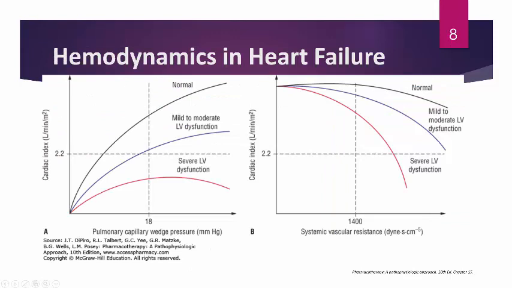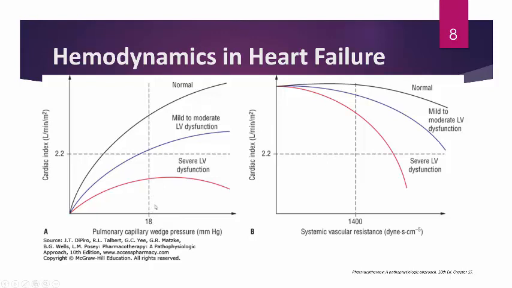A little bit of background regarding the hemodynamics of heart failure, especially in patients who may have acute decompensated heart failure. As patients have mild, moderate LV dysfunction, transitioning to eventually severe LV dysfunction, you see here as the graph essentially goes down in terms of cardiac index, that these patients may very well be very fluid overloaded with a capillary wedge pressure greater than 18.